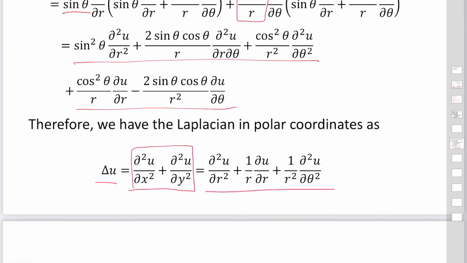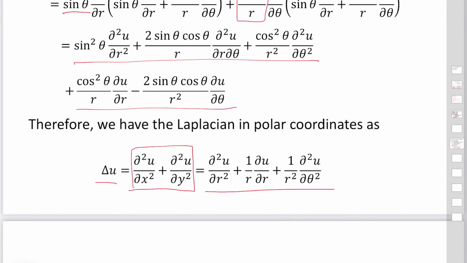So this is the expression for the Laplacian in polar coordinates: the second derivative of u with respect to r, plus 1 over r times the first derivative of u with respect to r, plus 1 over r squared times the second derivative of u with respect to theta. We obtained the expression of the Laplacian in polar coordinates.